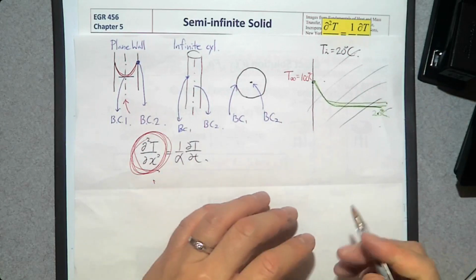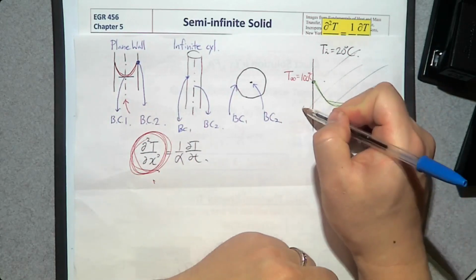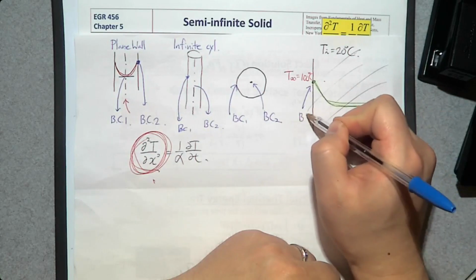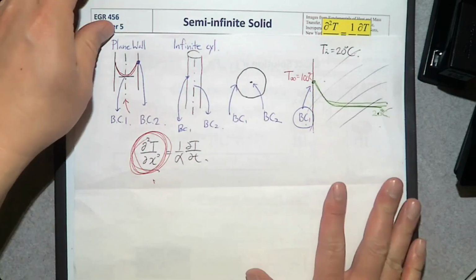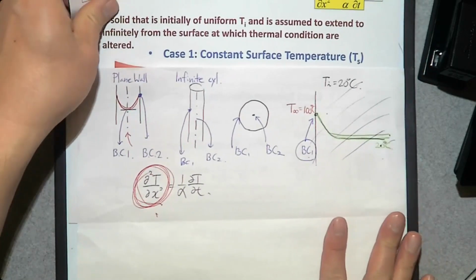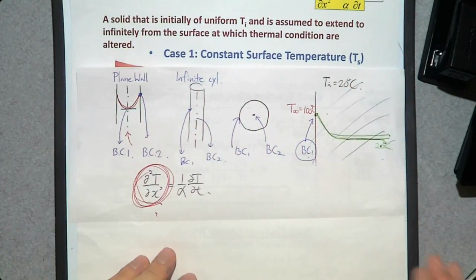Then how many boundary conditions do we have? One boundary condition at the surface, but that's it. Because we don't know how deep it's going to be, we cannot use a boundary condition on the other side. So to solve the heat transfer for a semi-infinite solid, we need to make some assumptions. First one is, what if we have a constant surface temperature?